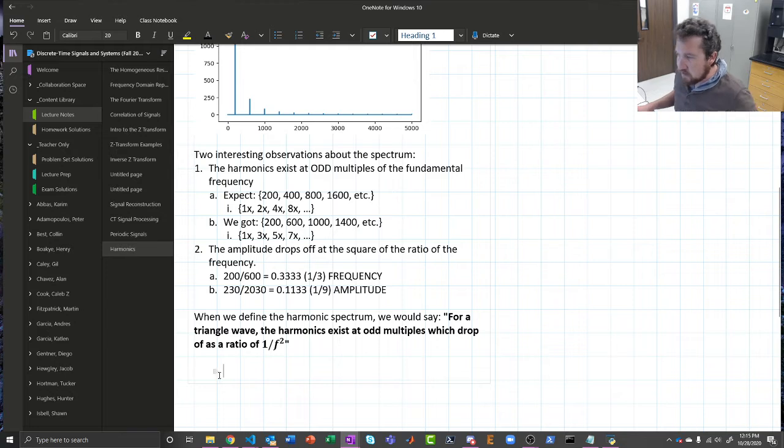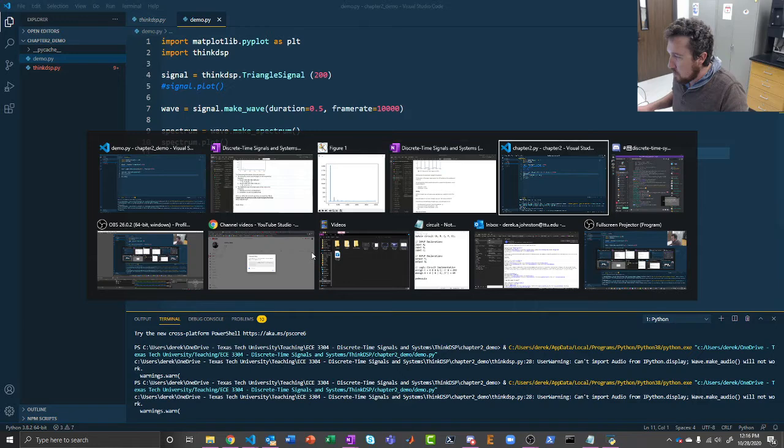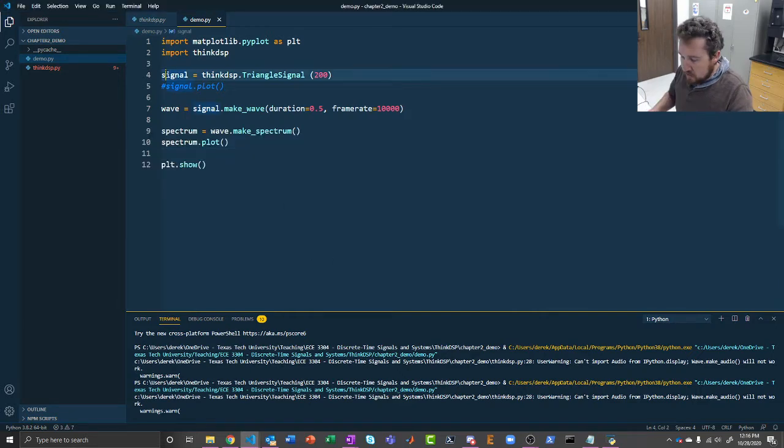Let's take a look at the square wave. So if we pop over to our code, let's change our signal now.